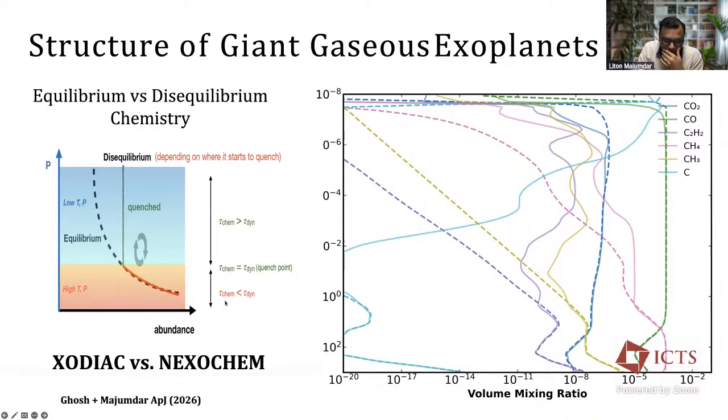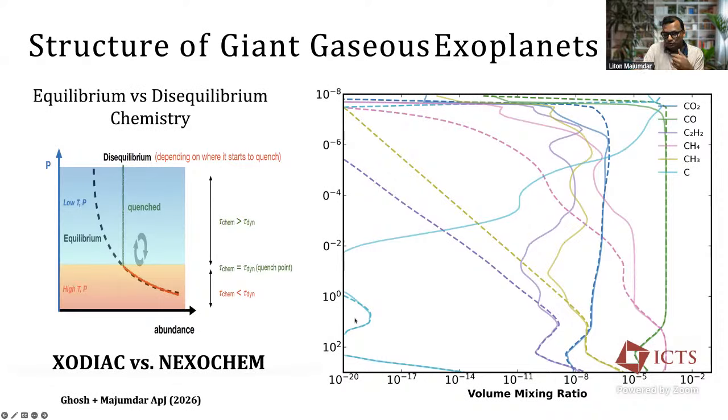By chemical timescale, I mean how fast 2 atoms and molecules will come, react, and form some other molecule which will change the composition. And dynamical timescale is largely set by your mixing processes.